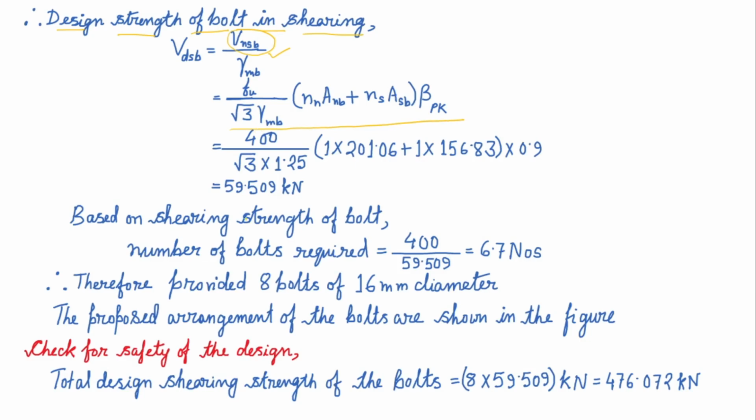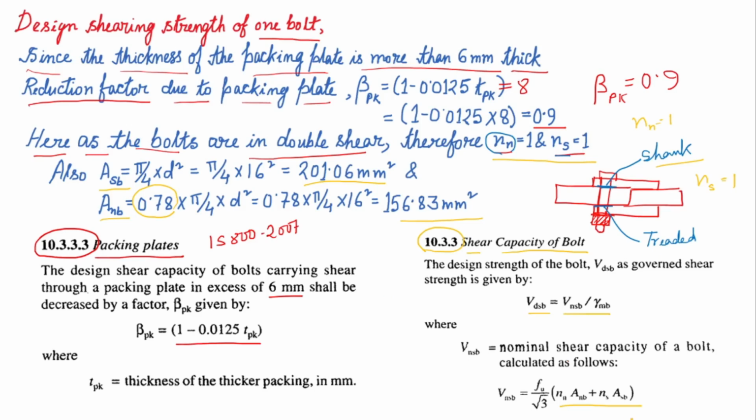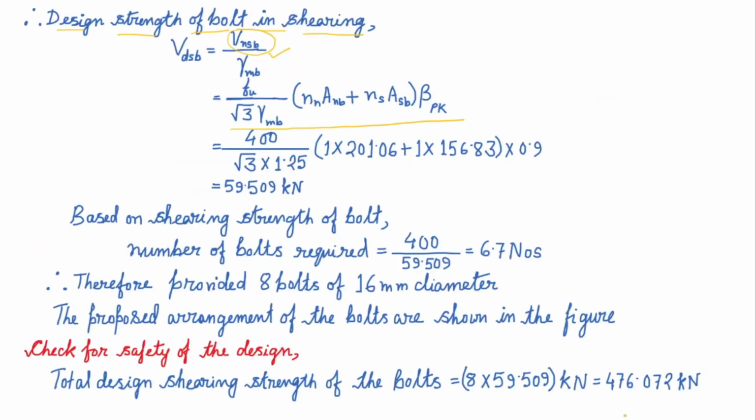Also this formula is multiplied by beta pk in this case, because we are using packing plate, not always. In this case why have I multiplied with beta pk? Because I am using packing plate. So this is the final formula.